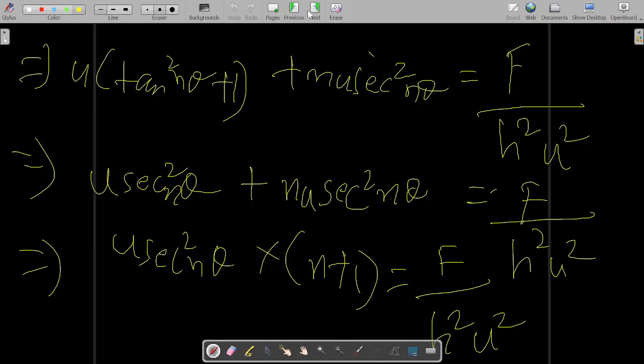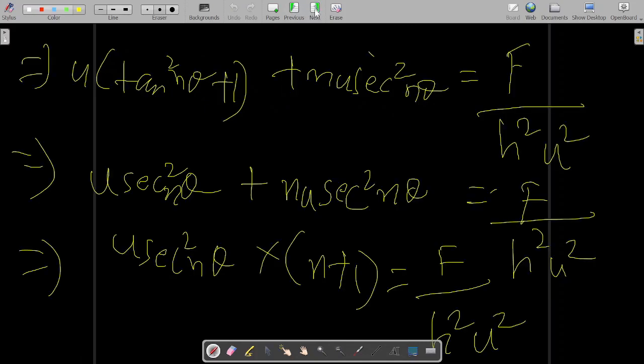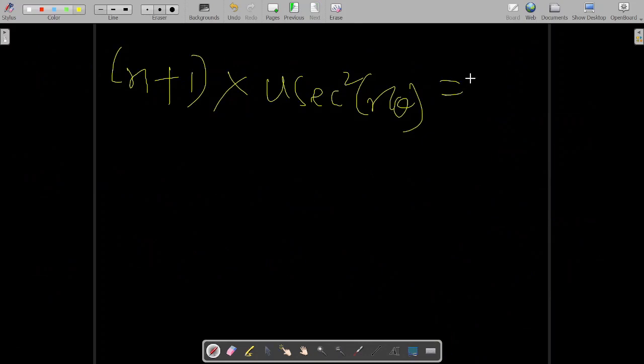So that implies, in turn, n plus 1 multiplied by u sec square nθ is equal to f divided by h square u square.